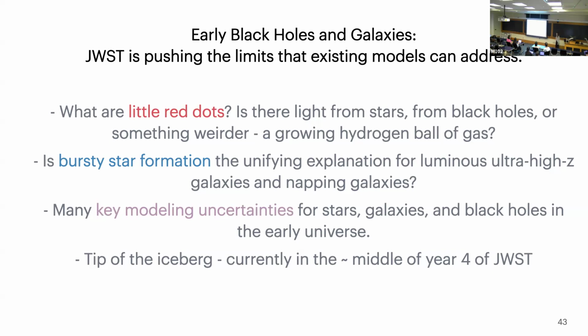What are the new observations we can propose to clearly distinguish those different scenarios or models? And then is the first star formation really the unifying explanation for the luminous ultra-high redshift galaxies and those lagging galaxies? And if so, can we really get robust constraints from those large, well-selected surveys?